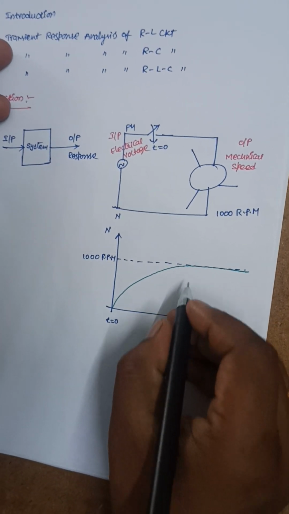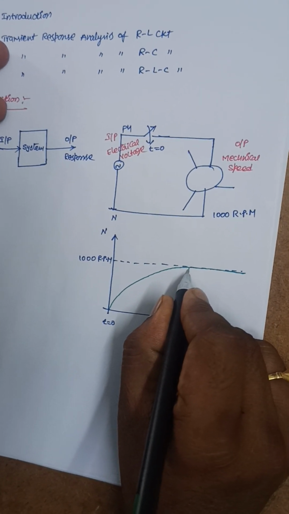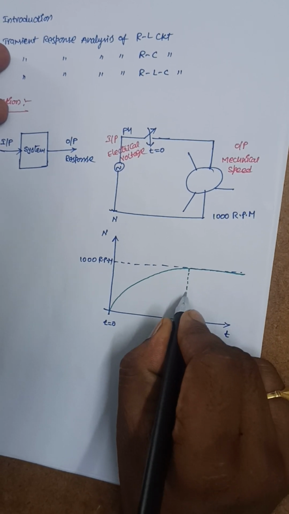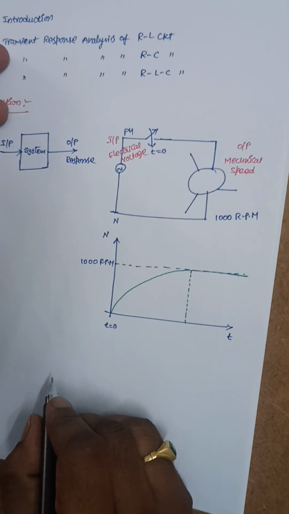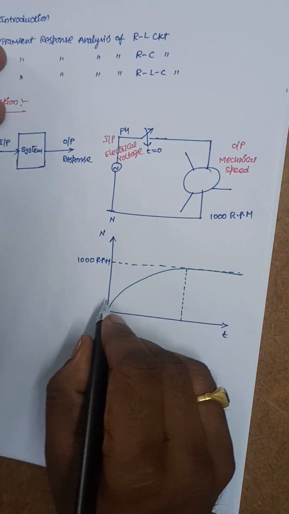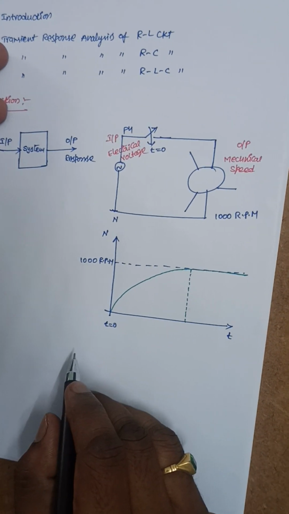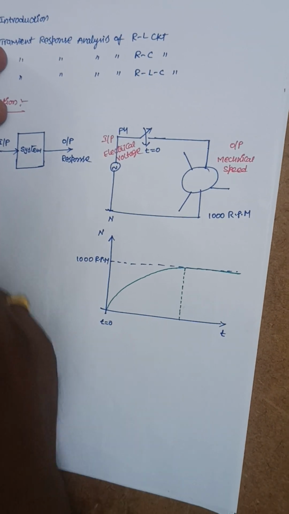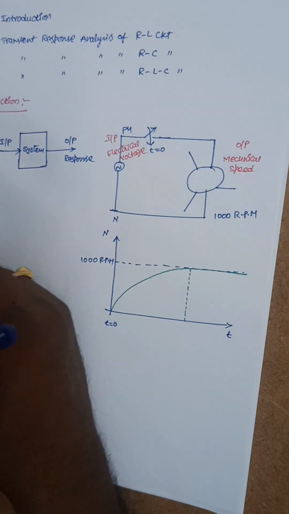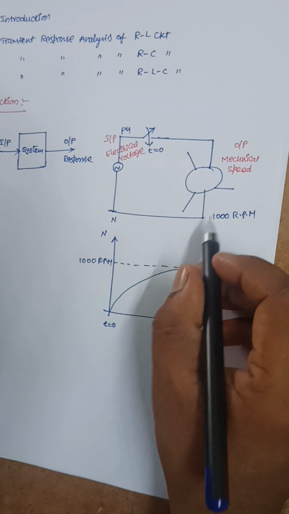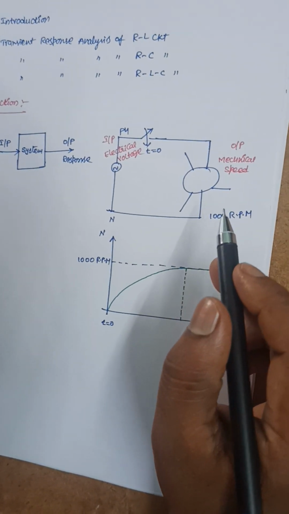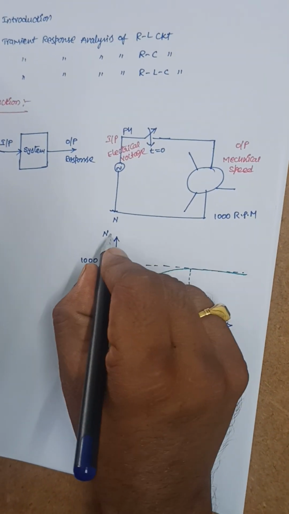Now this curve has two parts. It is one part, and it is another part here. Another point here is that the speed of the fan depends upon the current.